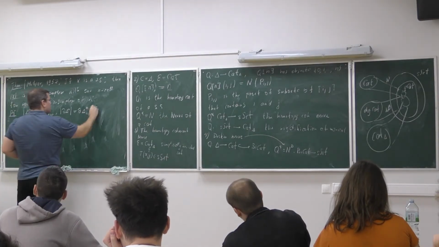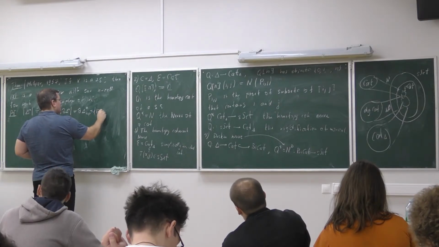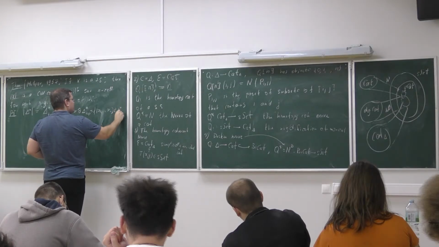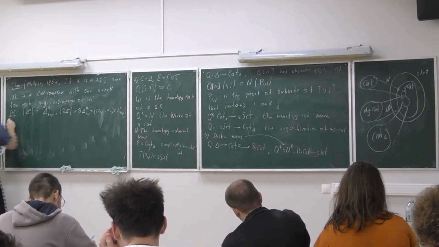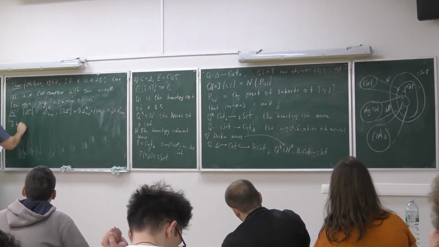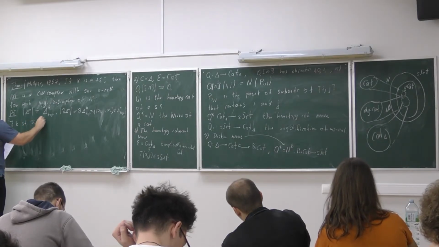And I can even write the precise formula for this. This will be the points x0 up to xn in the standard topological simplex, satisfying the condition that there is a number k among these indices such that x_k is equal to 0.